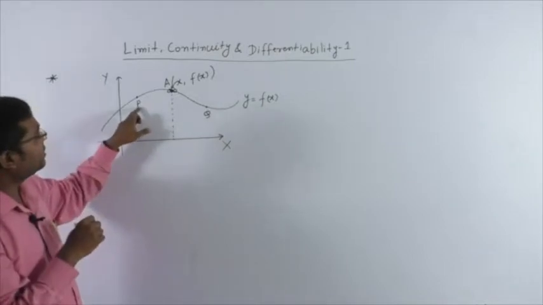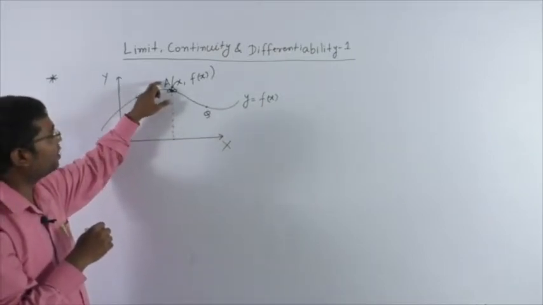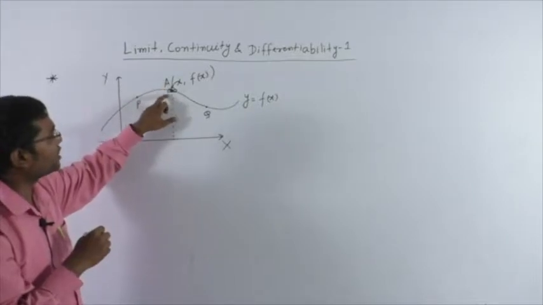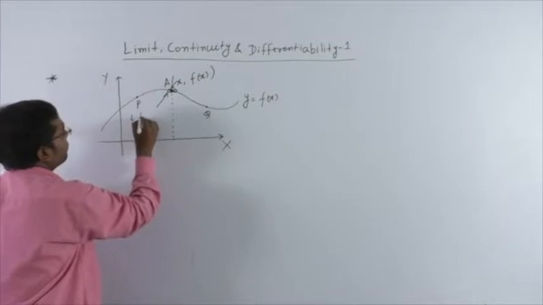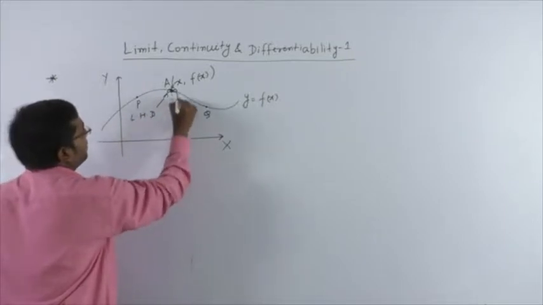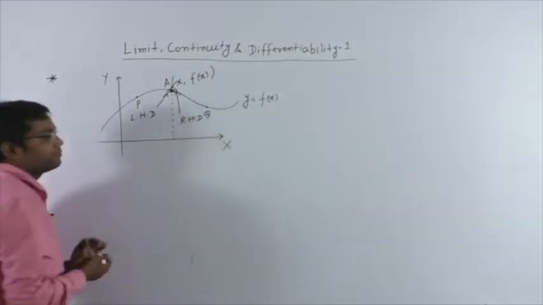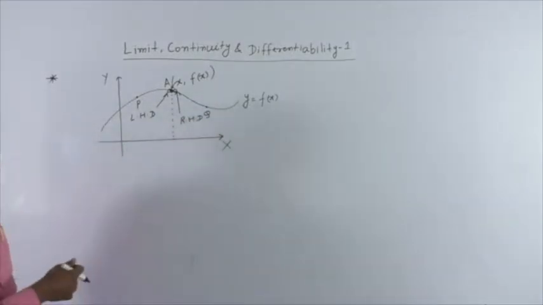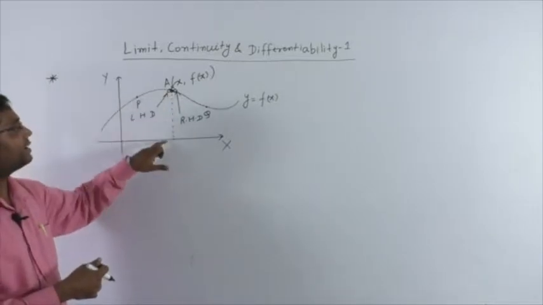Okay, this is called the limiting value of the function at this point. This is called the left hand limit, and this is called the right hand limit. Okay, this is the case where the function is defined at x.